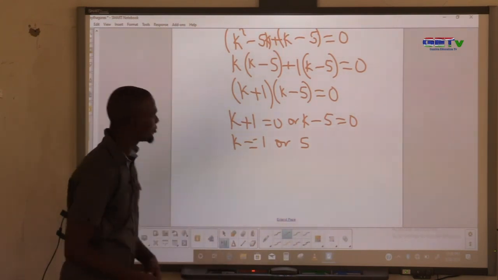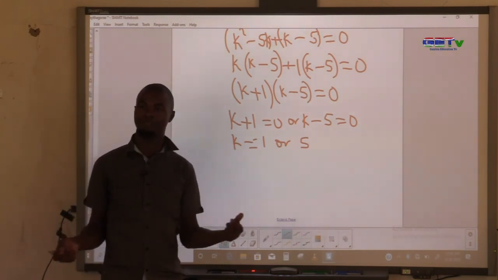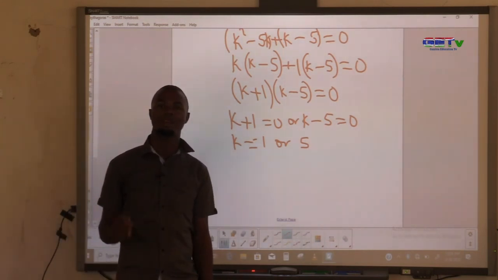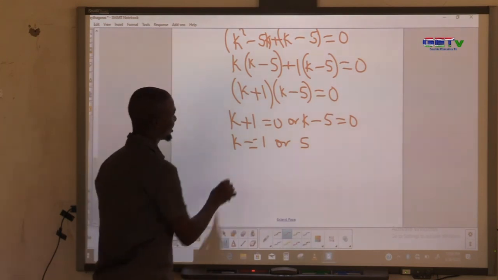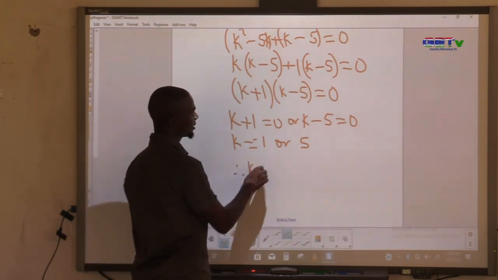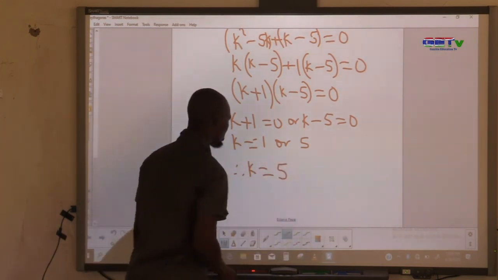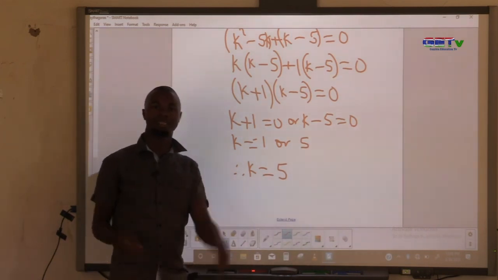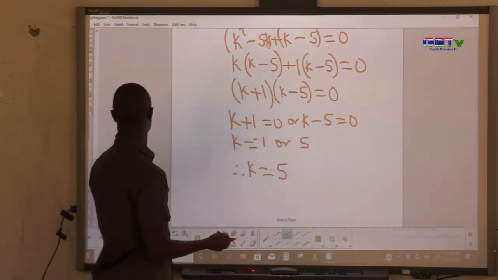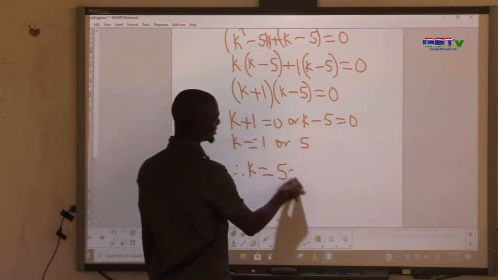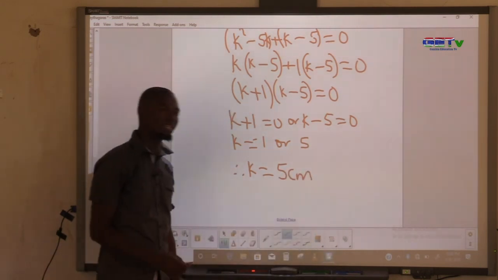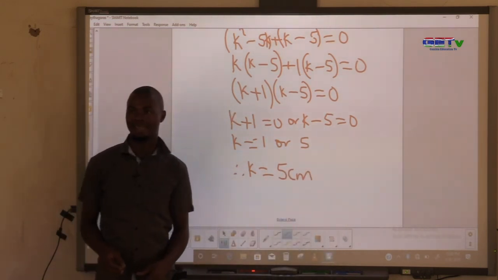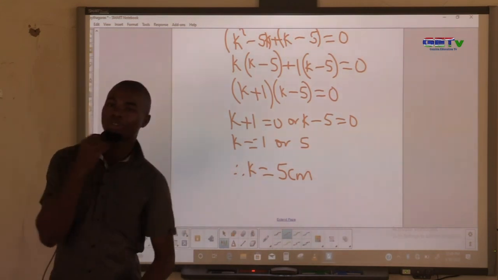Since we are looking for a distance, we cannot take the negative value. So the accurate value is 5. Therefore our k is equal to 5 because we are looking for a distance. This is about a triangle, so what is the unit of the distance? It's centimeter. So we have 5 centimeter as the value of k.